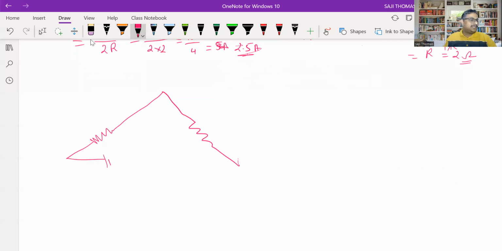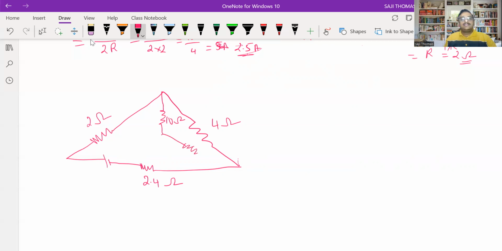Here a battery is connected. This resistance is 2.4 ohm. This is 2 ohm. This resistor is 4 ohm. Now here a resistor is connected. This is 10 ohm.